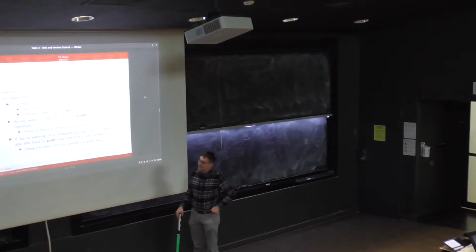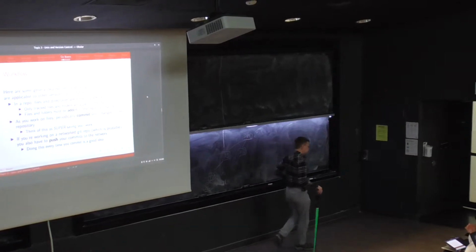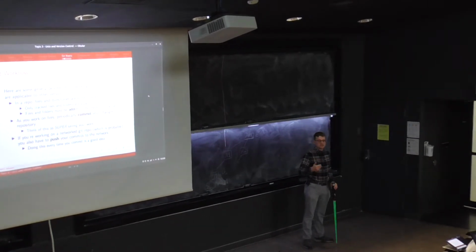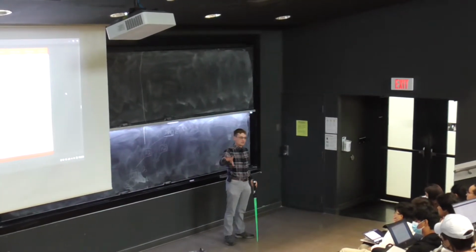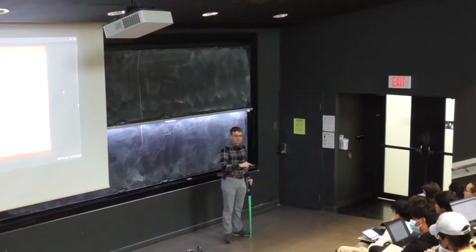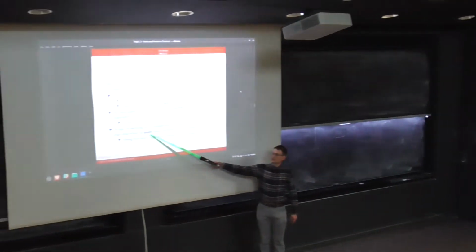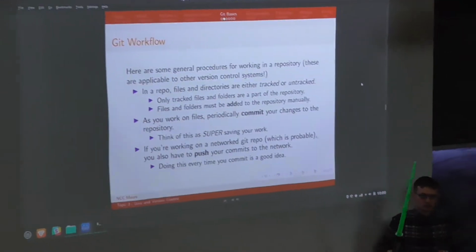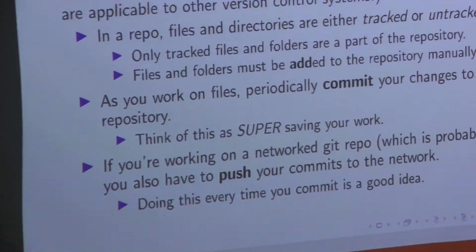If you're working on a networked Git repository, the operation which sends all of your commits out to the network to be synchronized is again a separate command. In that case, it would be git push. So you push it out to the network, right?